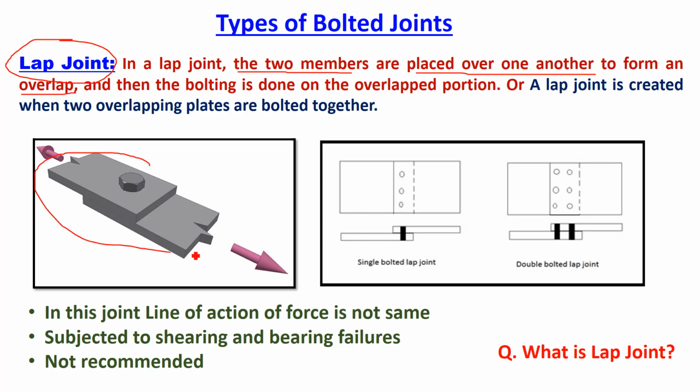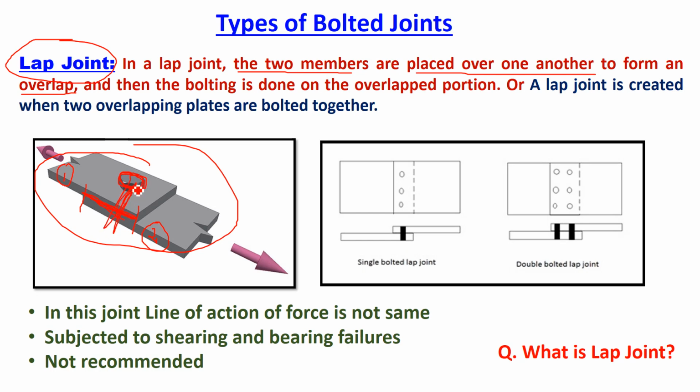If you look at this figure, if you want to connect plate 1 and plate 2, some portion of these two plates overlap. The plate is kept on the second one and this length is the overlap. That's why it is called a lap joint. Then bolting is done to connect these two plates.